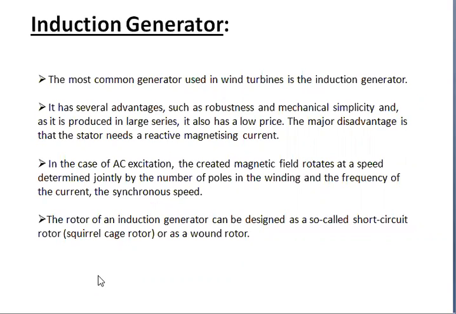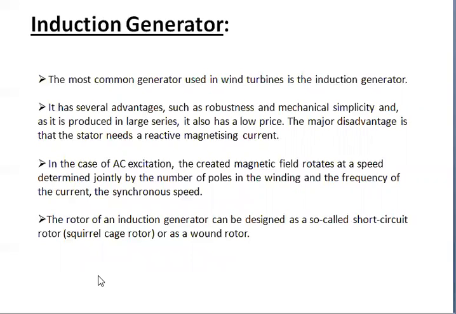The most common generator used in wind turbines is the induction generator, and it has several advantages such as robustness and mechanical simplicity. And as it is produced in large series, it also has a very low price. The major disadvantage is that the stator needs a reactive magnetizing current.